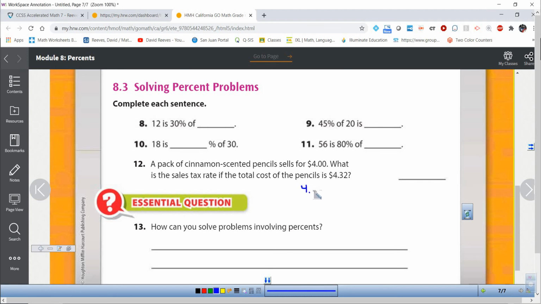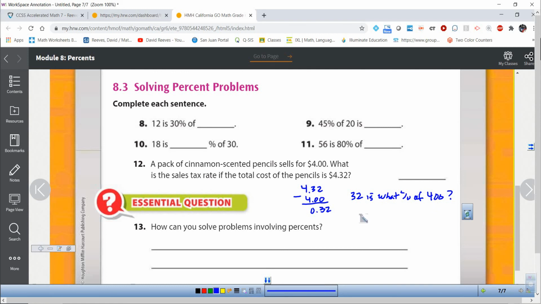So let me ask you, if I take that $4.32 and I subtract the $4 from it, what do I get? I get 0.32. So the question becomes, and I'm going to change this to cents, 32 is what percent of 400, right? 32 cents is what percent of 400?